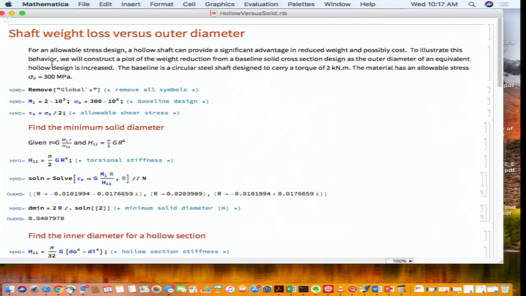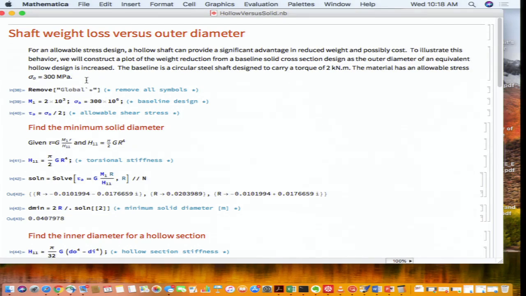So the problem starts with an allowable stress which is given, 300 megapascal. A lot of students had this question of how do we get shear stress if we are given allowable stress. If you look at the Tresca criterion, you can just divide it by 2 and get the allowable shear stress. So it's a simple formula where tau is equal to half of sigma 1 minus sigma 3, if sigma 1 and sigma 3 are your principal stresses, but you don't have principal stresses here, you have maximum allowable stress.